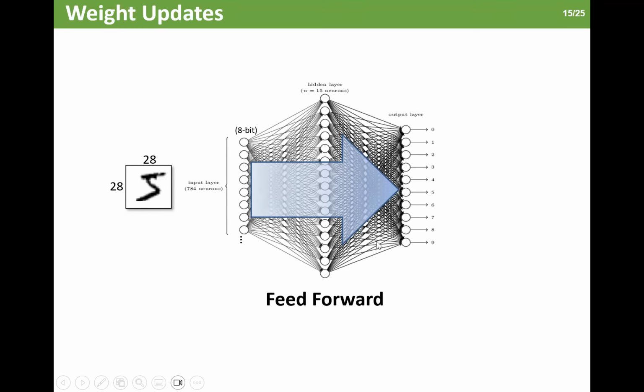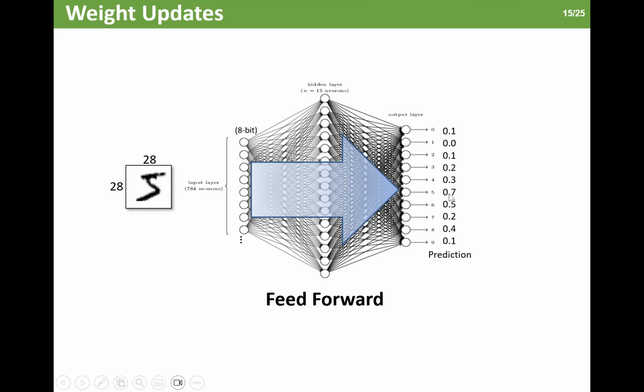Okay, so the output, there are 10 outputs. Think of each one as a probability or confidence level. How confident am I about the result here? So for example, the prediction might look something like this.